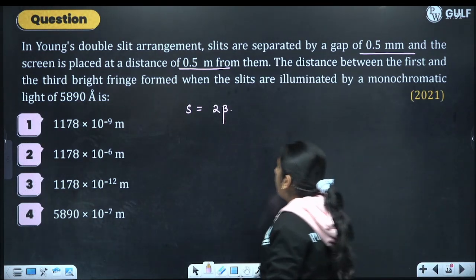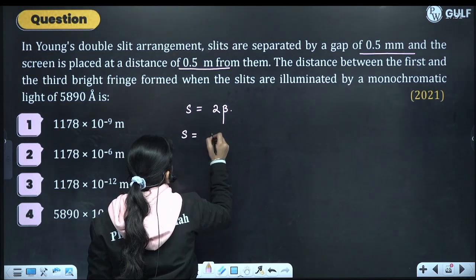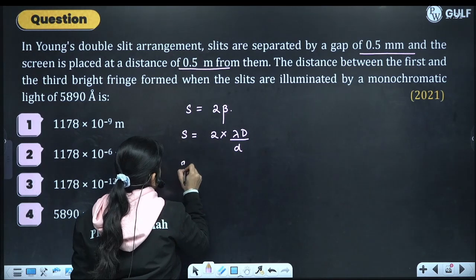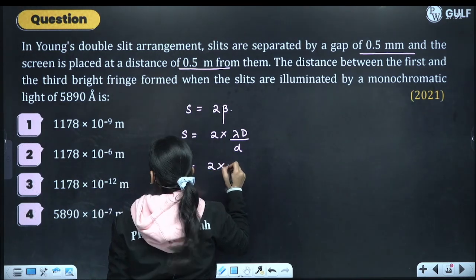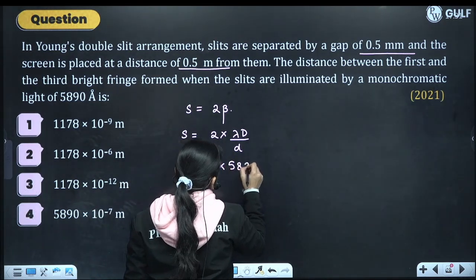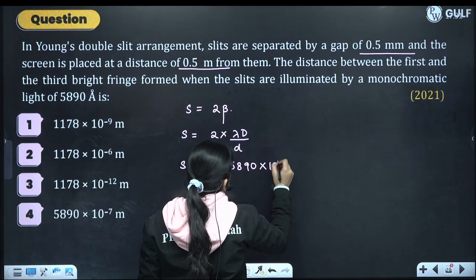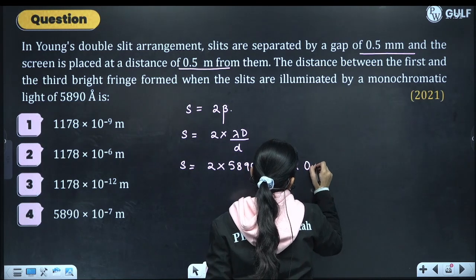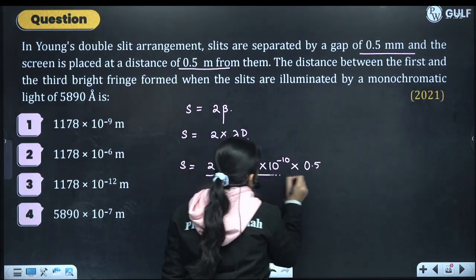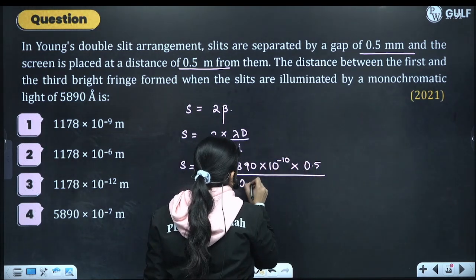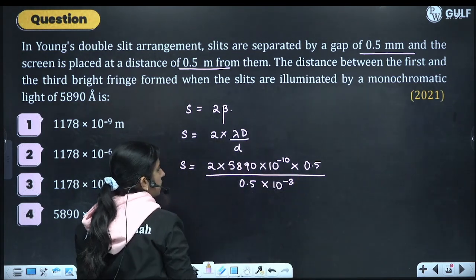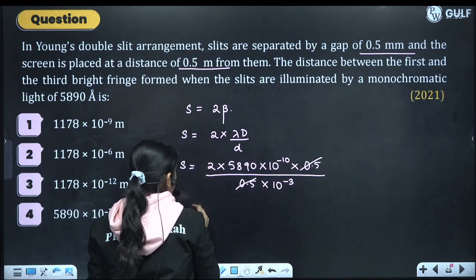We are given the lambda, substitute it. S will be 2 into lambda D by d. Substitute the value: 2 into lambda is 5890 into 10 raised to the power minus 10 into D is given as 0.5 meter divided by d, which is 0.5 millimeters, so minus 3, 0.5 gets cancelled.